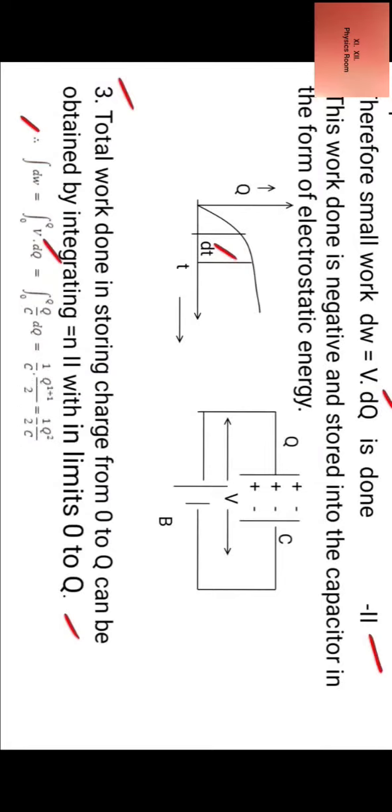It is equal to 1 by C into q square by 2, which is half Q square by C. So this is how we integrate equation 2, and we get the final result W equal to half Q square by C, because the integral of dW is W.